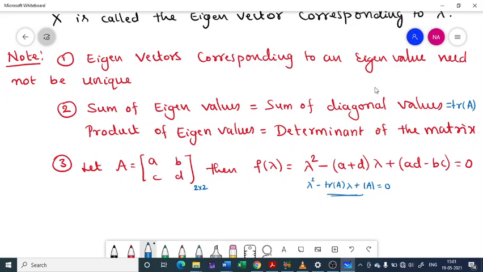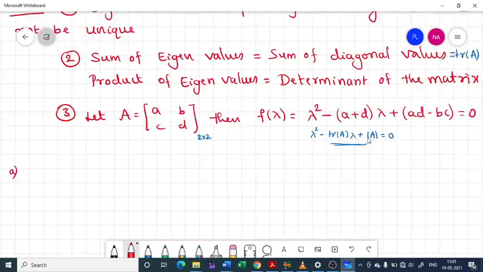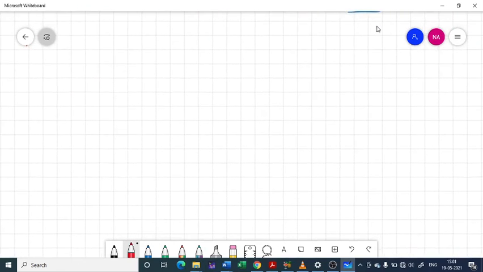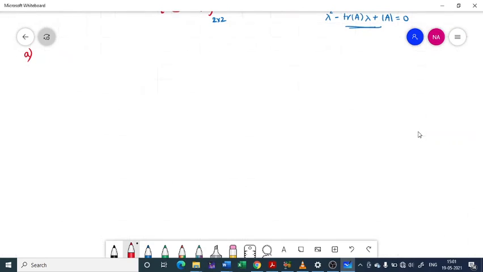Okay, with this base, let us solve problems. I will consider problems one by one. Find the eigenvalues and eigenvectors of the following matrices. So the first matrix I am going to consider here is, let us start with the simple one, A equals 1 2 5 4.